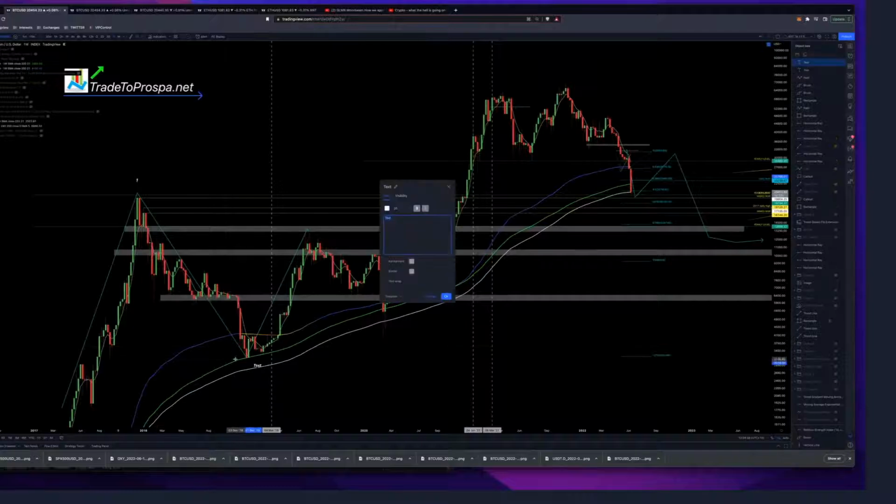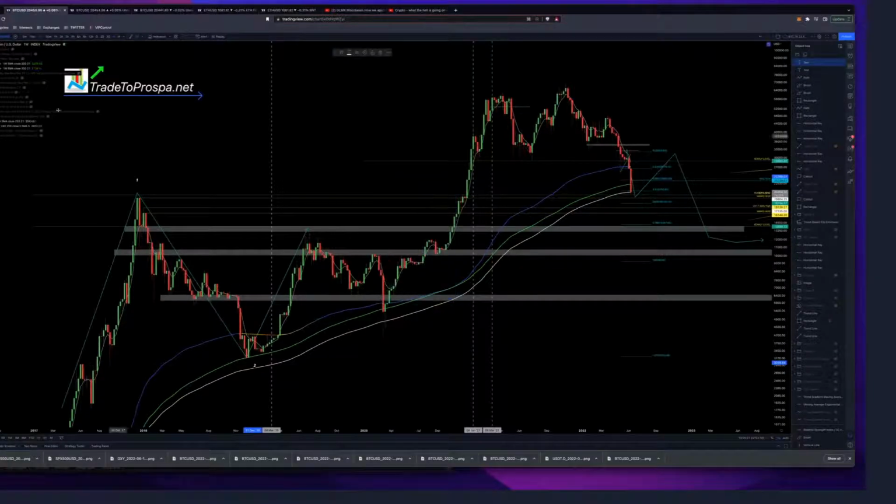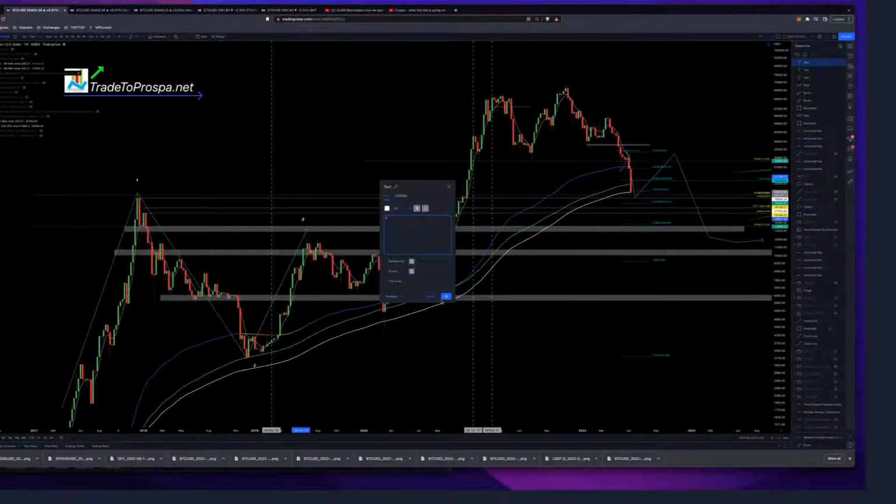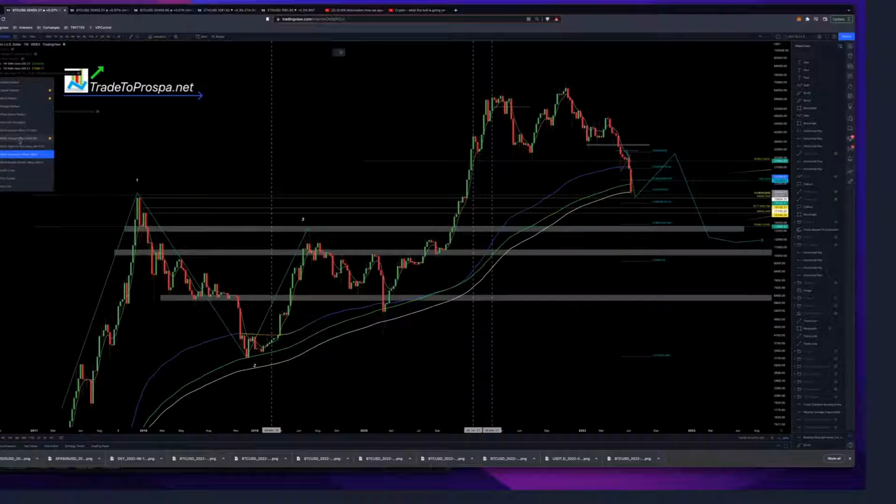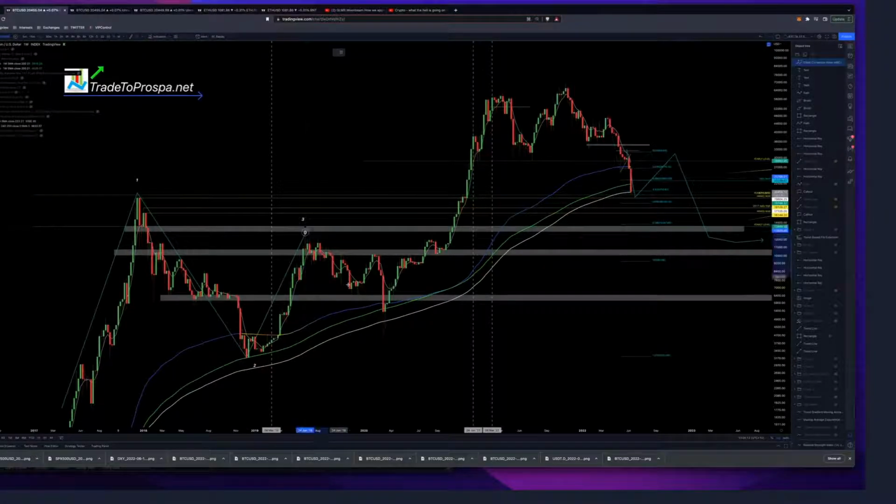That's our two. And that's our three. So with the 1, 2, 3 move, and then we have our macro A, B, and in this case it was really low. All right, COVID event. So this is a cycle.